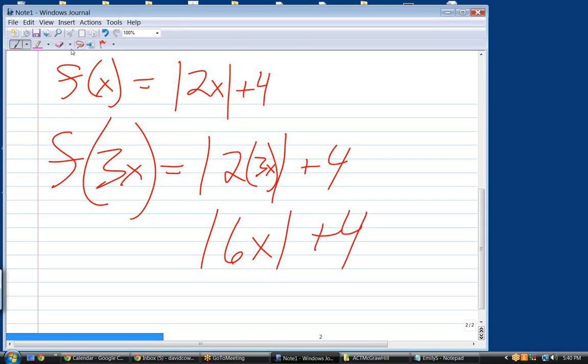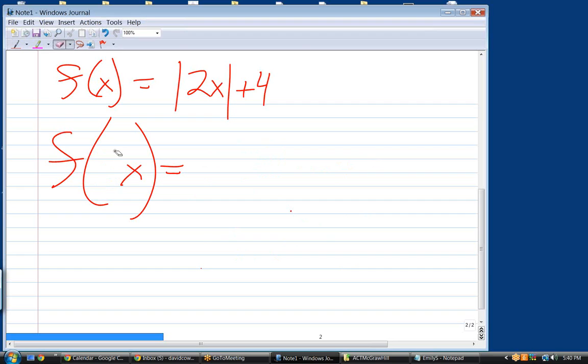Whatever is in the parentheses, we substitute as needed. Well, in this case, the constant, meaning the factor, is in front of the x inside the parentheses. So what would this become?